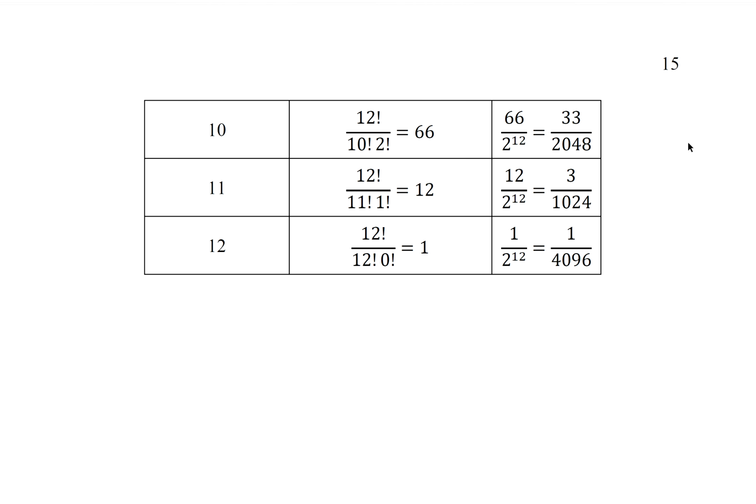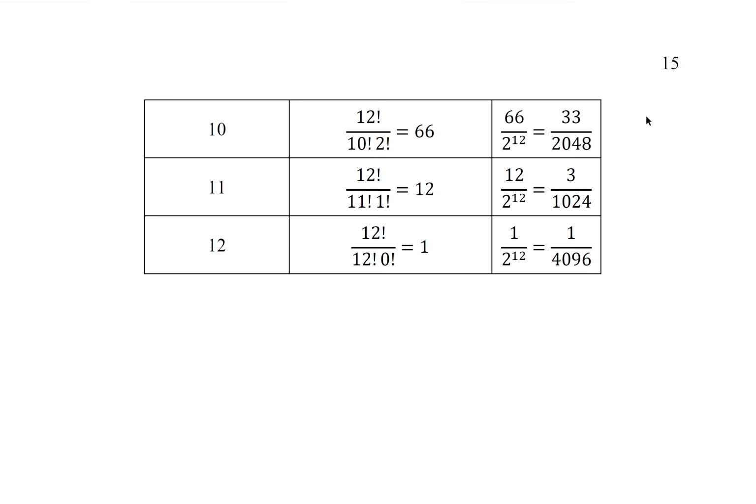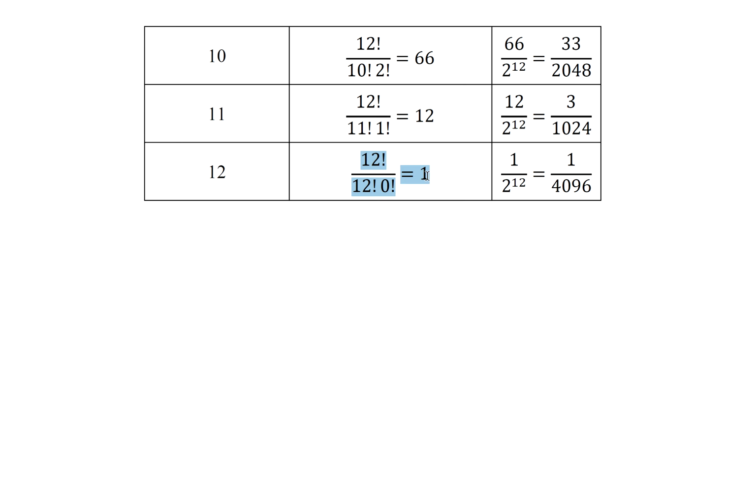And it's least likely to get 12 tails and 0 heads. This is 0 heads and 12 tails. This is 12 heads and 0 tails, which are equal to each other.